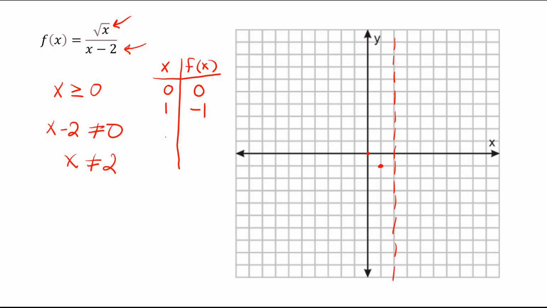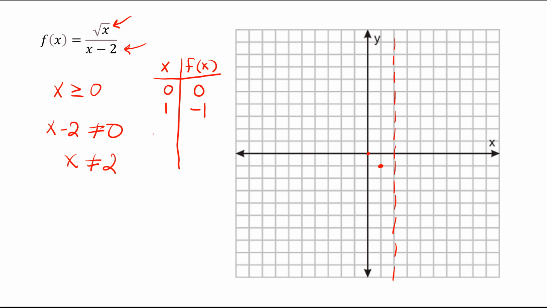We can't put in 2, but we could put something very, very close to 2. It's a good idea to put something really, really close to 2 so that we can see what this graph does as x gets closer and closer to 2.